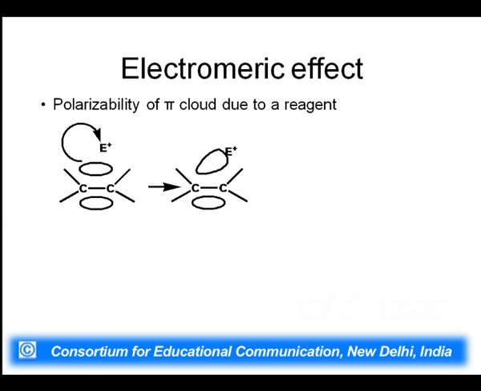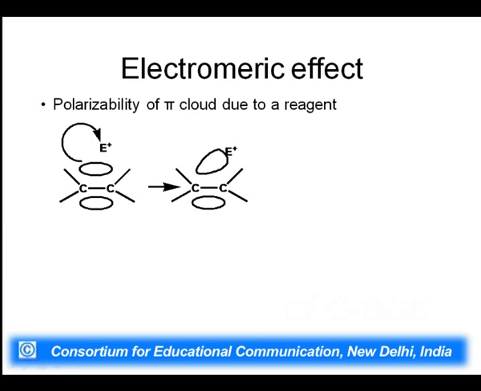As you may have seen in the inductive effect, this polarization or ballooning of electron density is shown for a sigma bond. Here, this carbon-carbon bond, which was equally shared, is now getting polarized towards the electrophile.